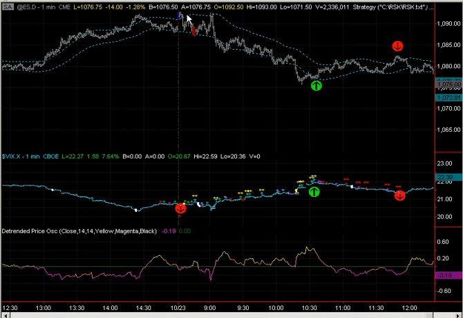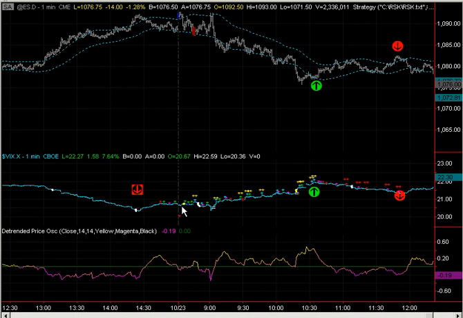Now a few minutes later, the Spoos attempt another new high. They don't quite make it. It's a lower high. But when you compare this little move here on the VIX, just right in here, from where it opened to this point, the VIX is now at a lower low compared to where it was previously.